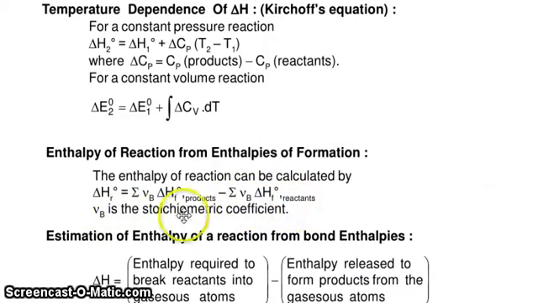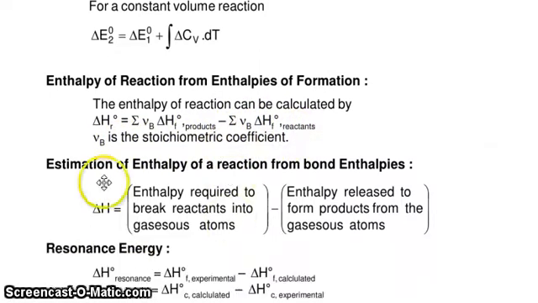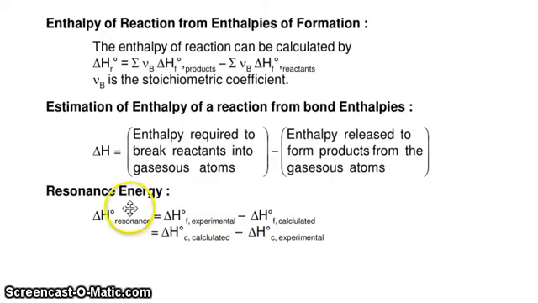So v is the stoichiometric coefficient. Estimation of enthalpy of reaction from bond enthalpy: delta H is equal to enthalpy required to break reactants into gaseous atoms minus enthalpy released to form products from the gaseous atoms. Now friends, resonance energy. Delta H naught resonance is equal to delta H naught f experimental minus delta H naught f calculated. So this is the relation.